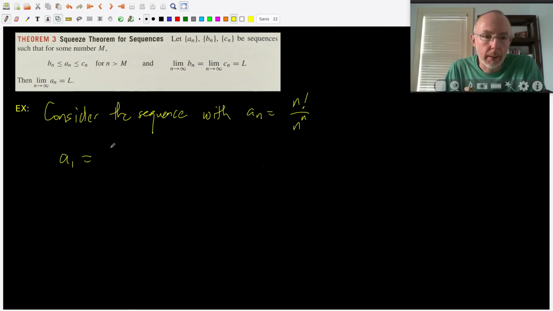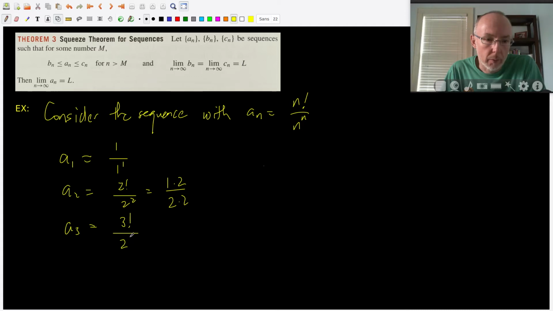All right, so with that understanding, let's go back. So a1 here is just going to be 1 over 1 to the power of 1. And the second term is 2 factorial over 2 squared, so this is 1 times 2. It sometimes helps just to write that 1 times 2 there. And we know what 2 squared is, I'm just going to write it that way. And a3 is going to be 3 factorial over, what is it, 2 cubed.